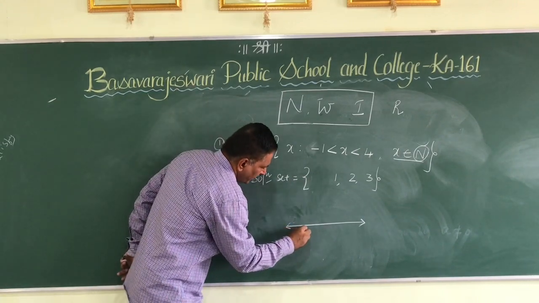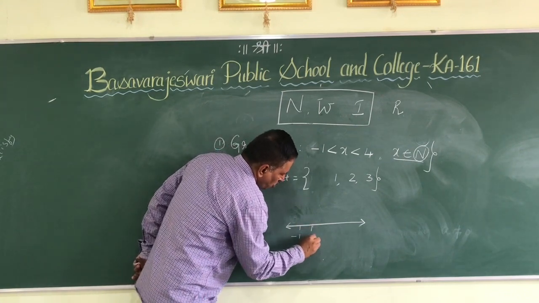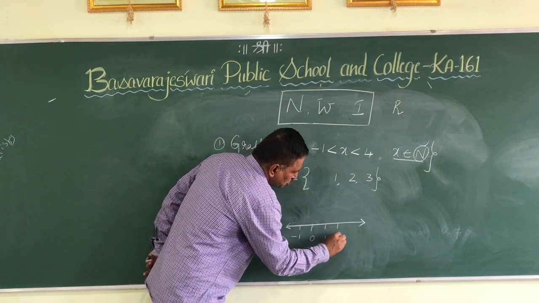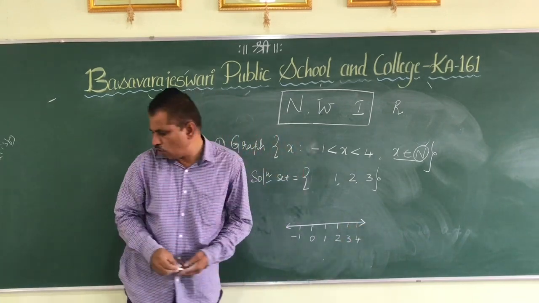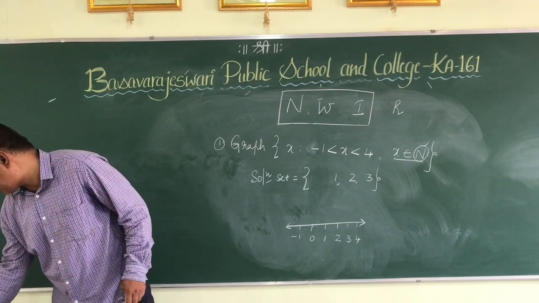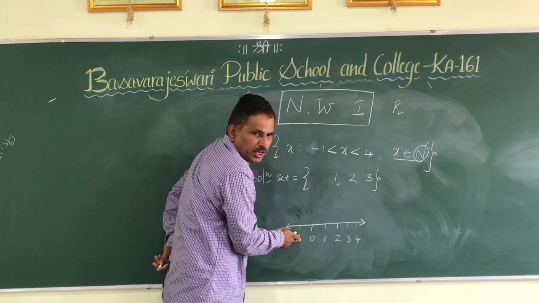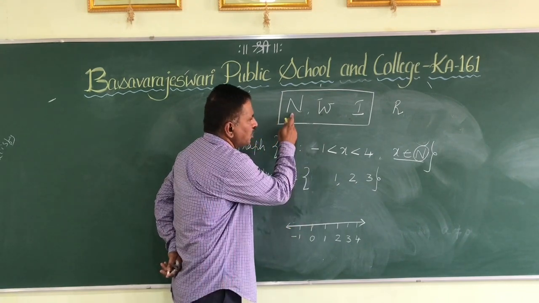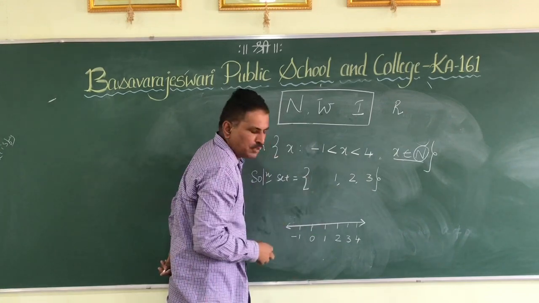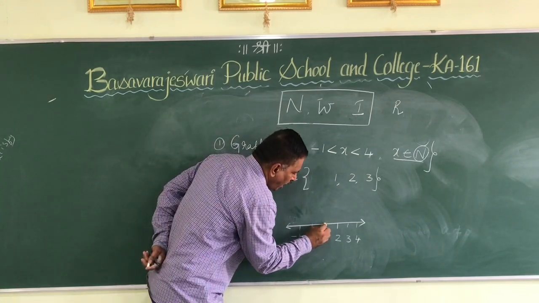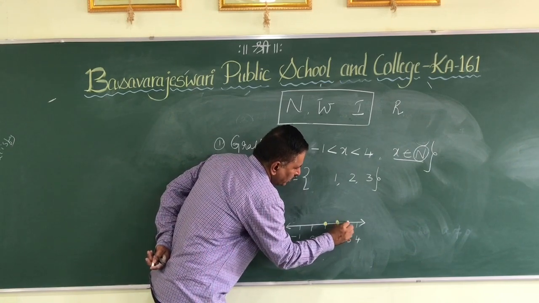You can start anywhere. First I can take here, if I want, minus 1, 0, 1, 2, 3 as well as 4. Since these values should be represented on the number line. Remember, in case of natural numbers, whole numbers as well as integers, on these numbers we will write a dark circle.